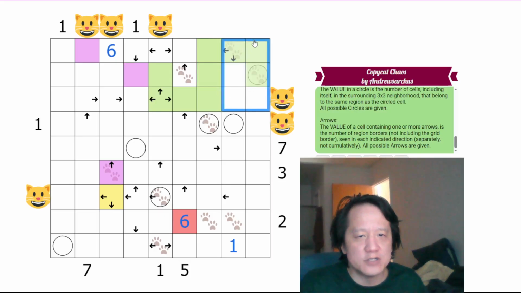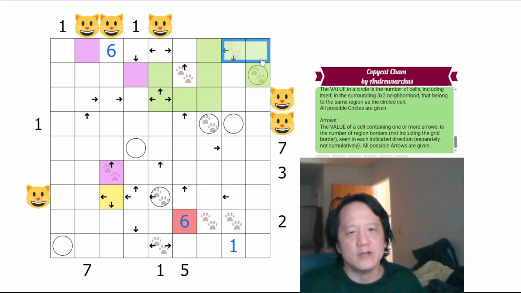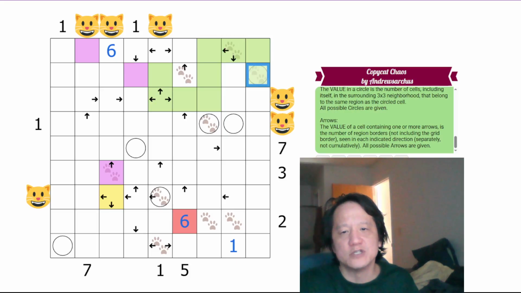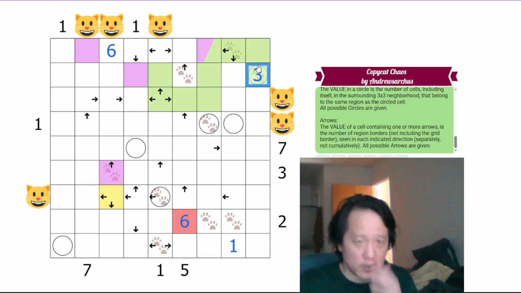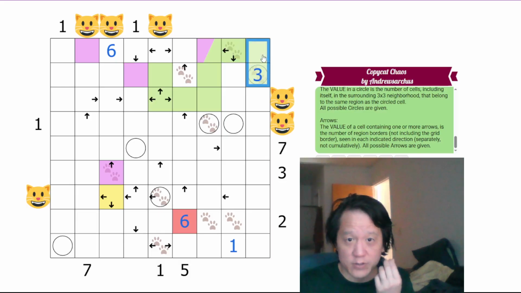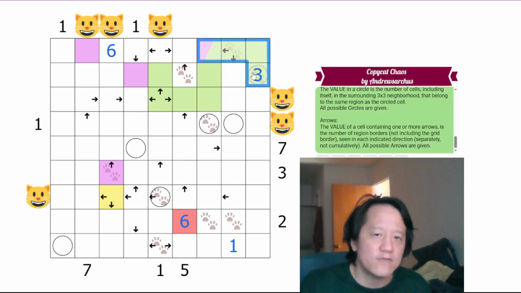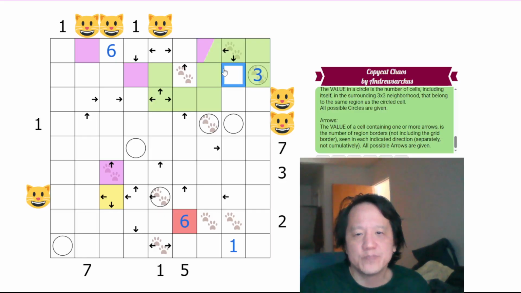How many cells in the surrounding 3x3 area are in the same region as this cell? This would be 3, right? You have itself, and these two cells are part of the same region as the circled cell. So this would be 3, which would mean also, since it's a paw print, it'd have to be 3 steps away from the copycat cell in the region.